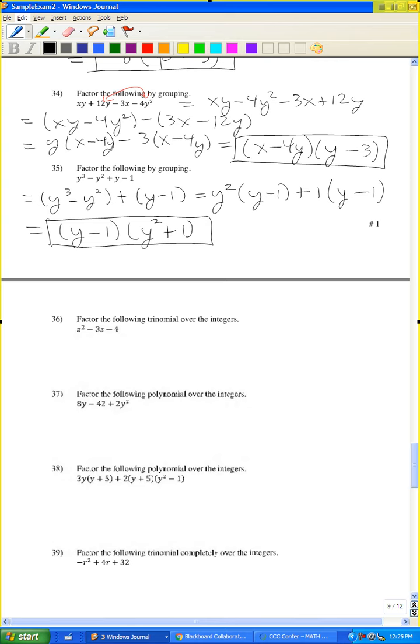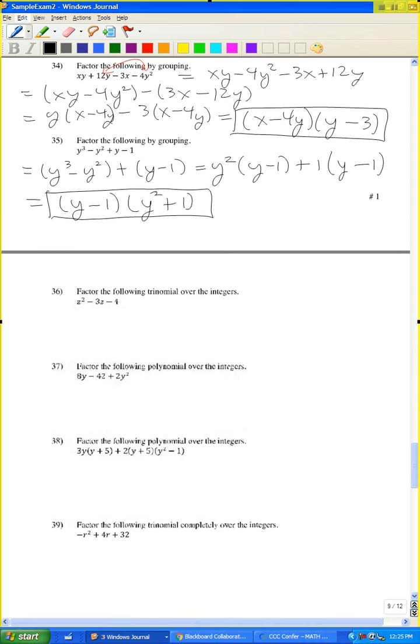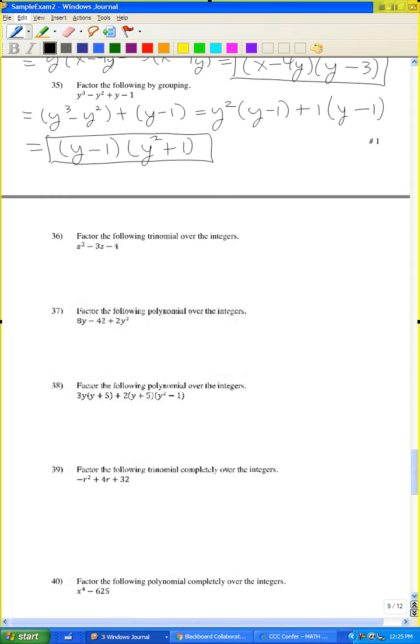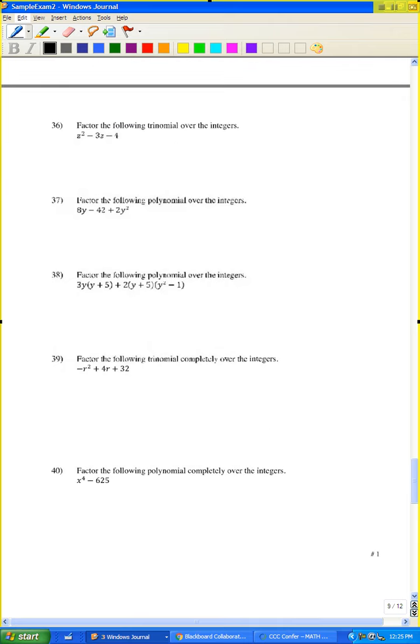Let's do problem number 36. Stuff you haven't done yet. And so let's factor this trinomial over the integers. I have z squared minus 3z minus 4. So I'll put a z here. I have a minus sign, so let's drop down the minus.